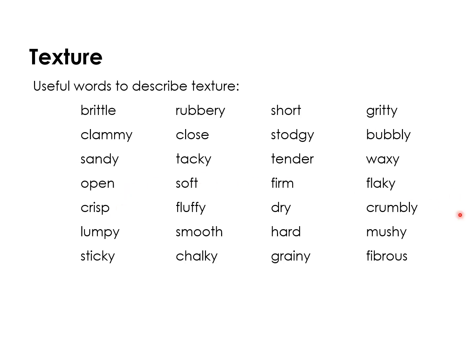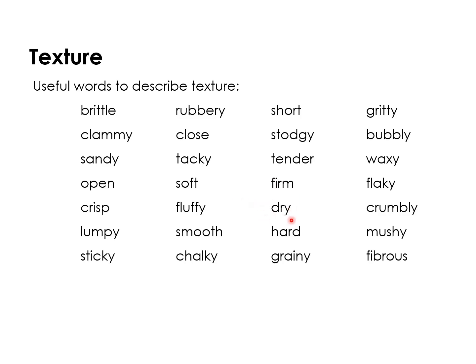So the crisp texture, a texture that is firm but easily broken or snapped, like a fresh celery stick or a crispy potato chip. The fluffy texture, a light and airy texture that feels soft and cushiony, often found in whipped cream or likewise.